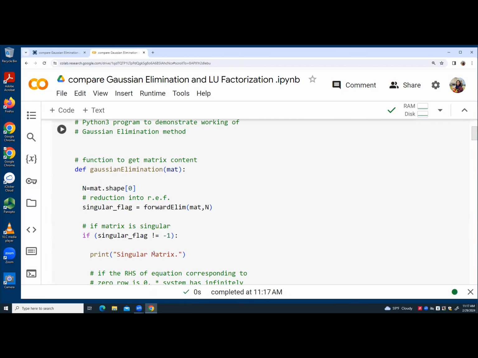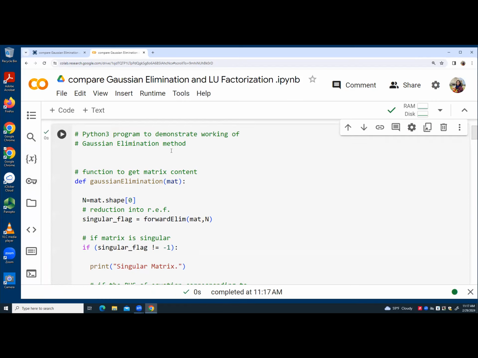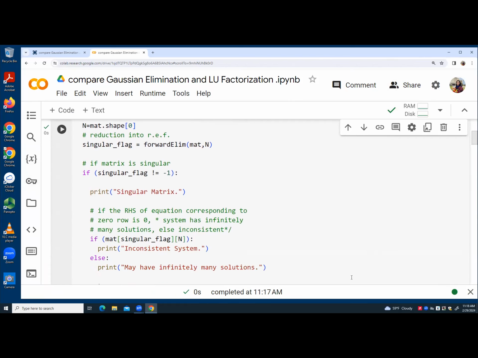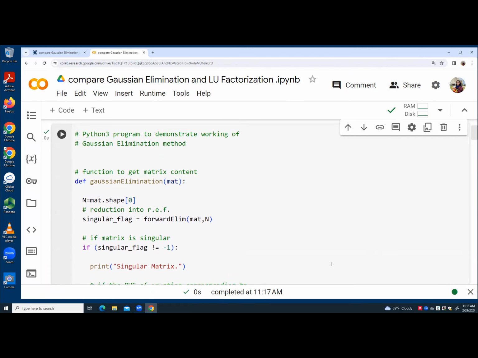So here it defines the Gaussian elimination procedures. We just need to give the input. The input in the code is the augmented matrix, with the coefficient matrix and then the right-hand side.